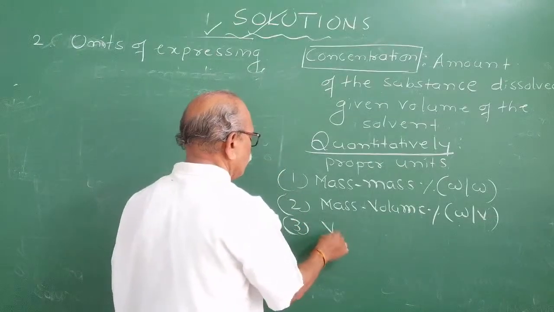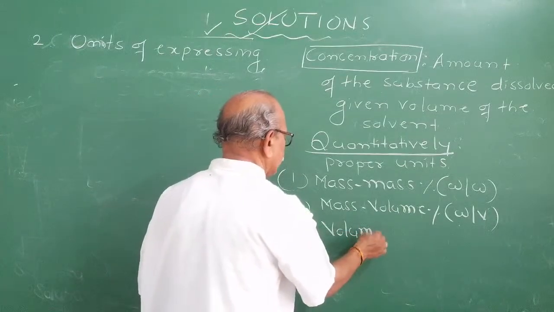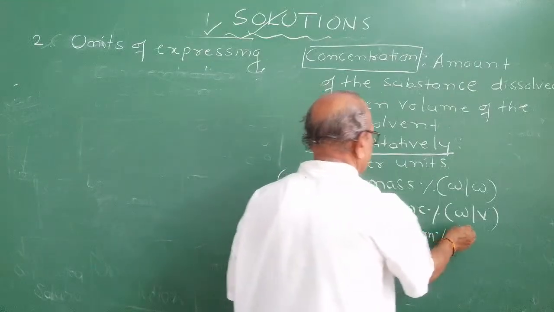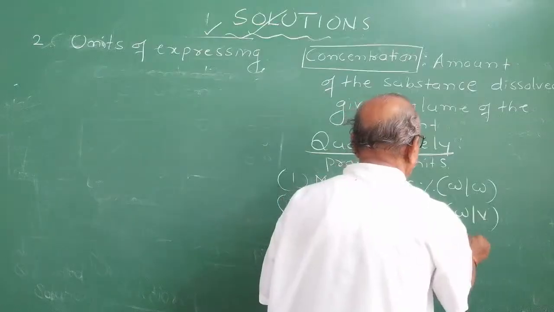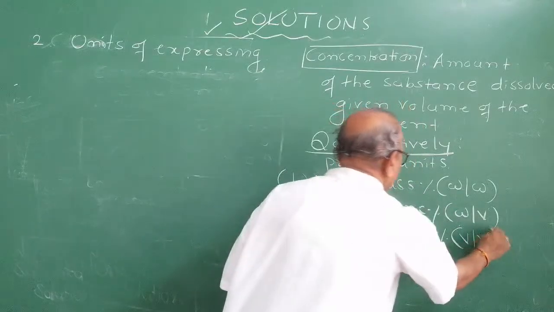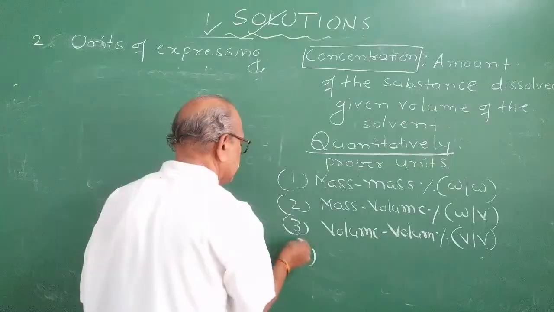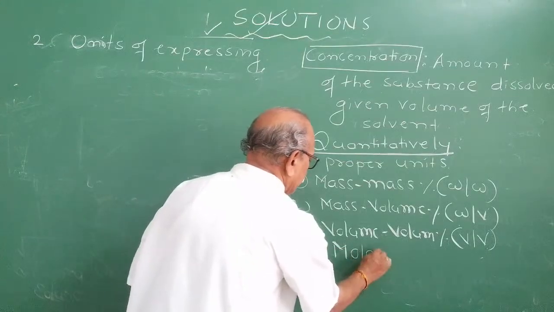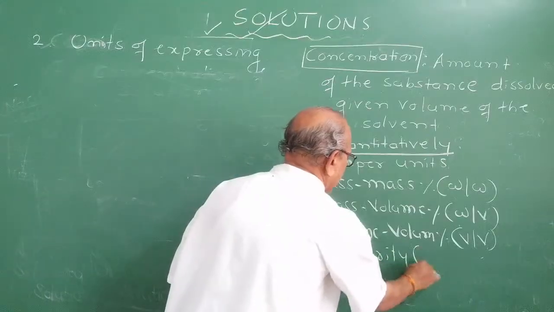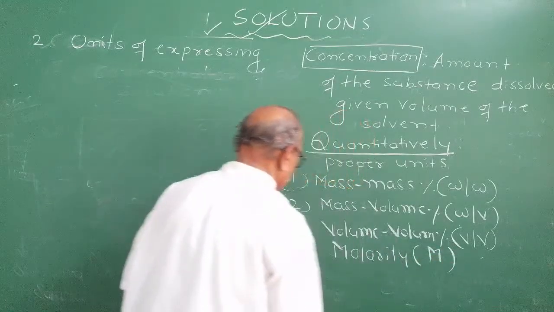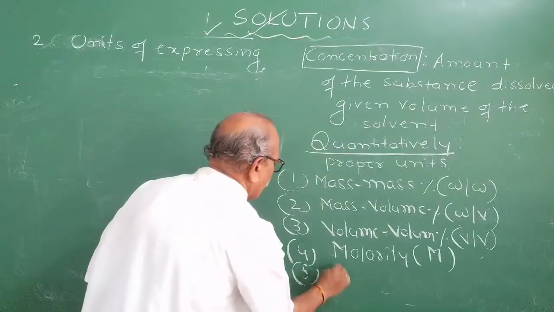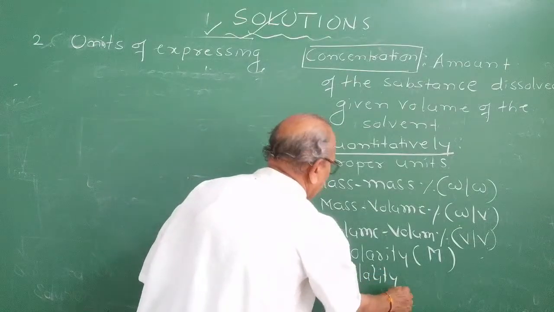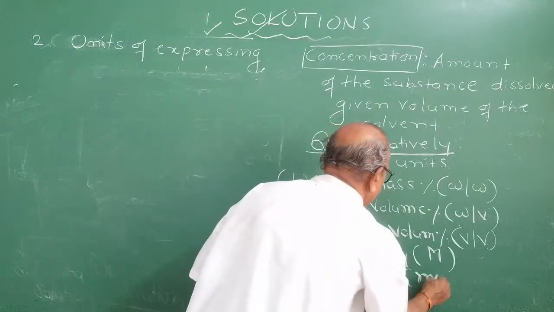Third one is volume percentage, that is V by V. And the fourth one is molarity. Very important. Capital M we write it as. Fifth one is molality, small m.